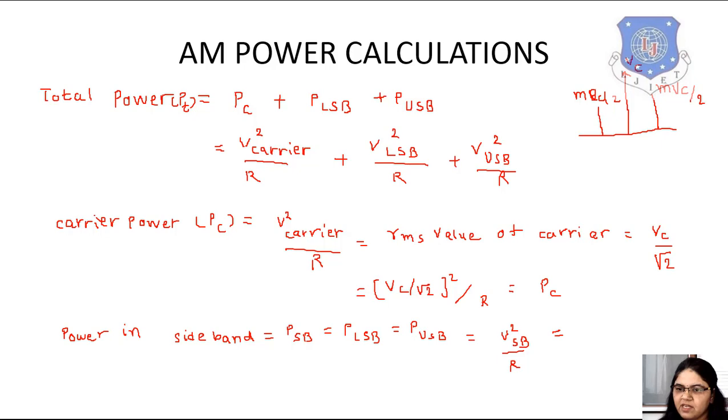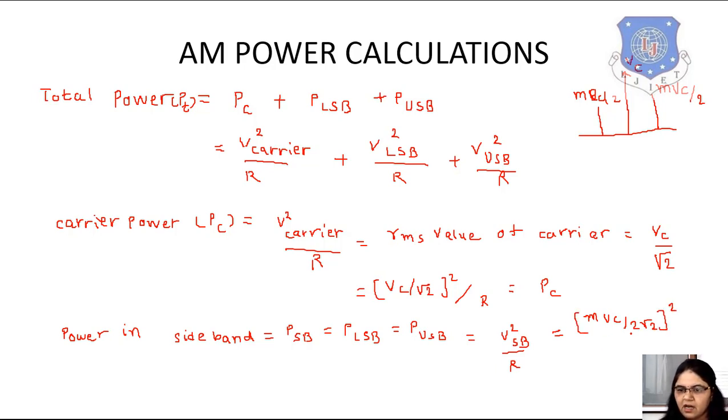So over here it is V square upon R, but what is the value of this V? The sideband amplitude is mVc by 2, and again it is an RMS value, so I will take 2 root 2.